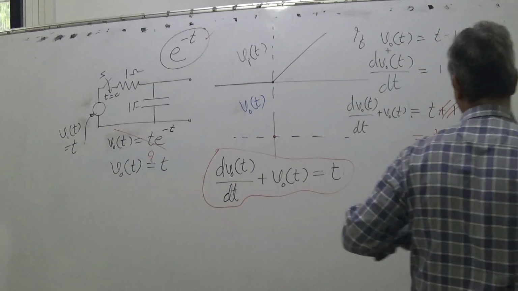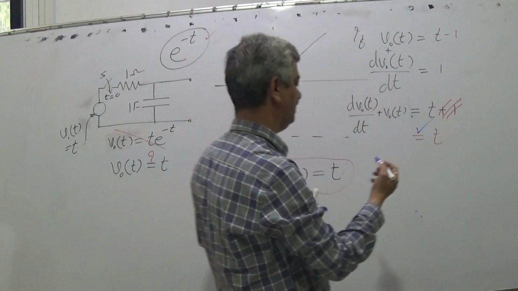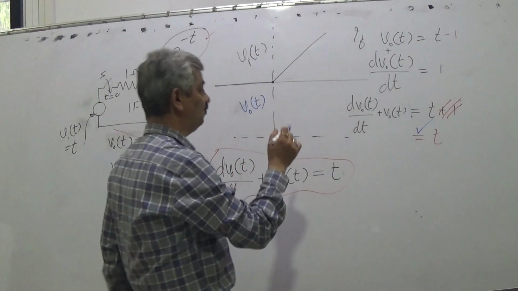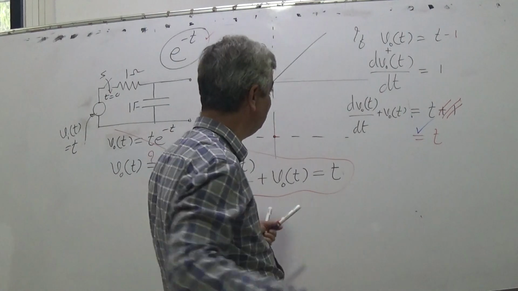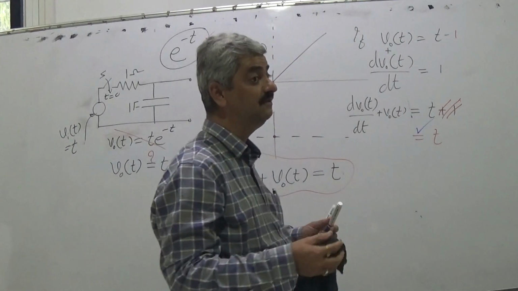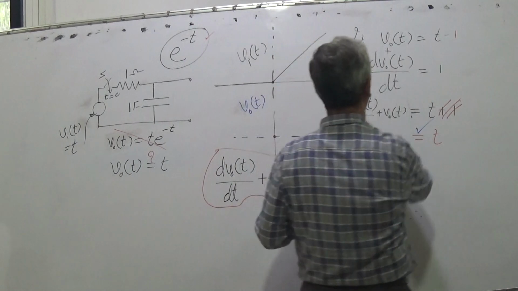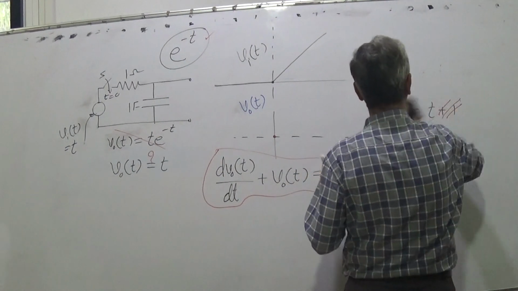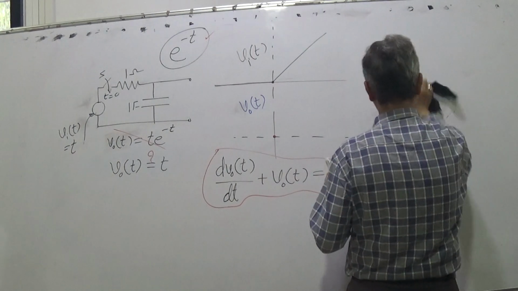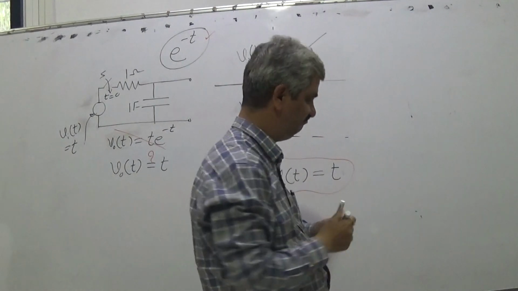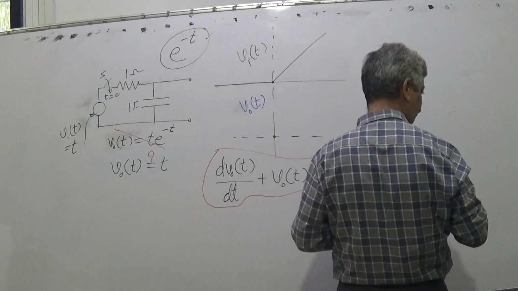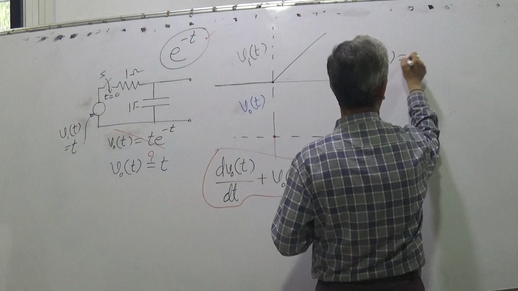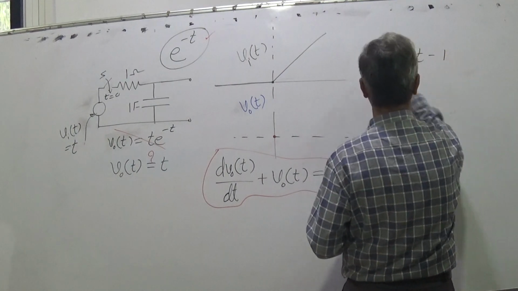So my purpose is over. So what is the solution of this differential equation? The solution is v o of t is equal to t minus 1.